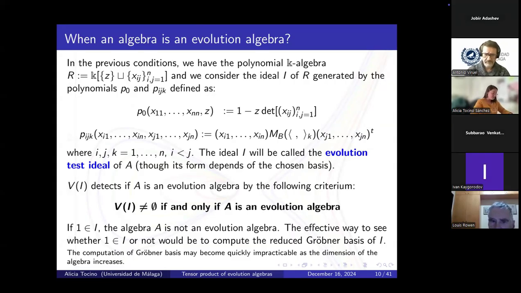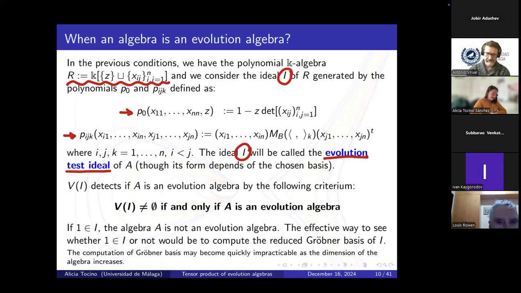For this purpose, we are going to define the polynomial K-algebra with these variables, and we are going to consider the ideal I generated by these polynomials. There is an example where we are going to construct these polynomials. We will call the ideal I the evolution test ideal, since this ideal gives us all the information that we need to know whether A is an evolution algebra or not.